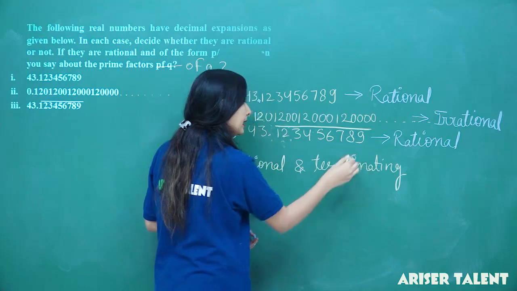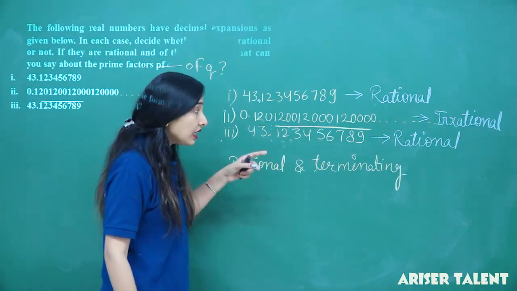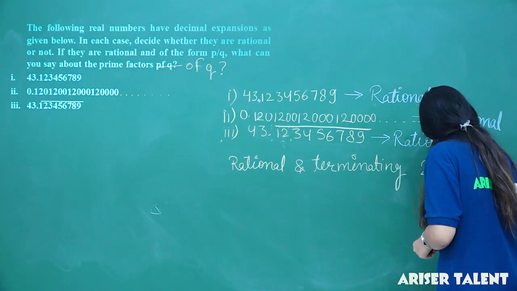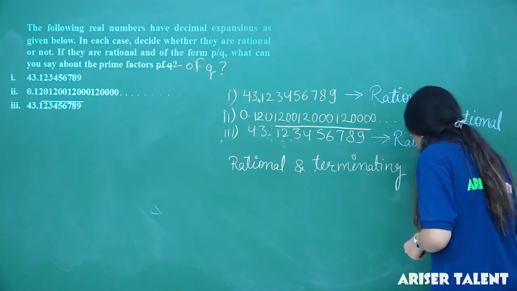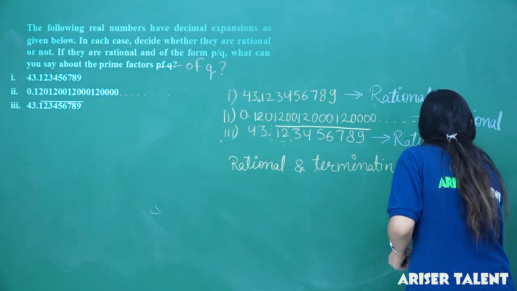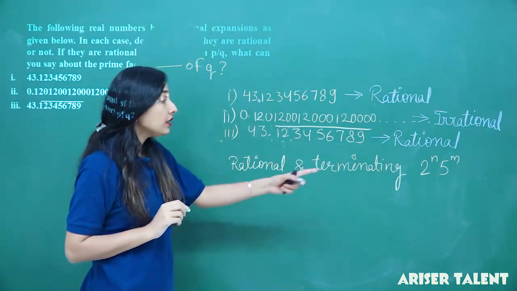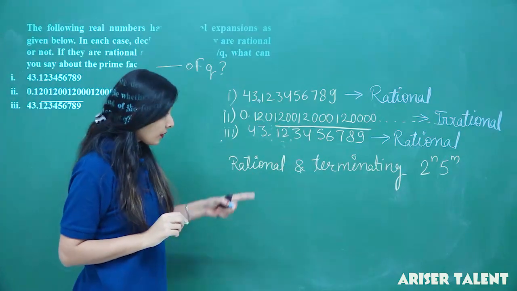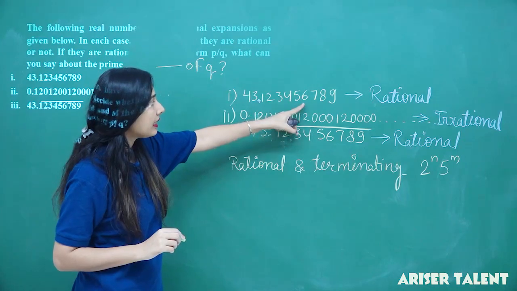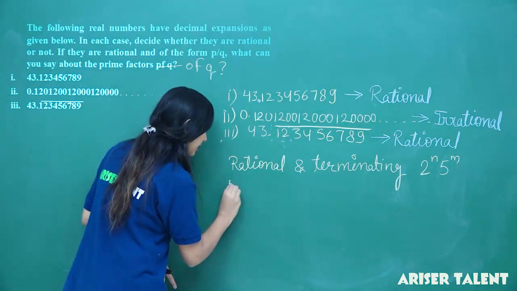A rational and terminating number has its denominator as a multiple of, say it loud, 2 raised to power n and 5 raised to power m, in this format.